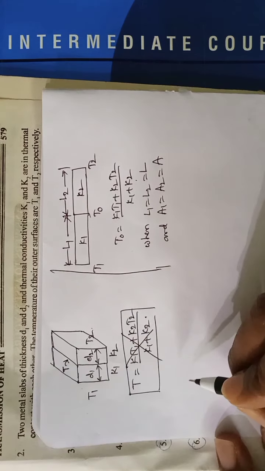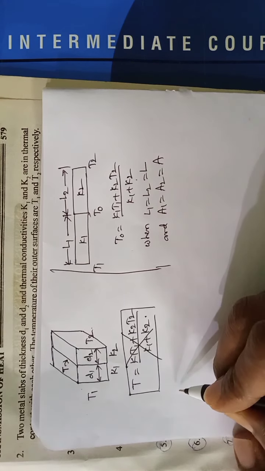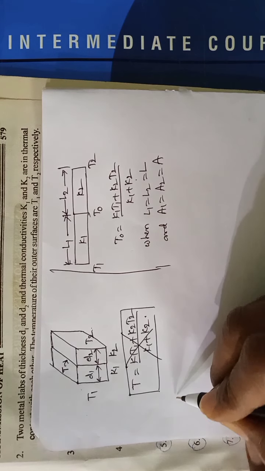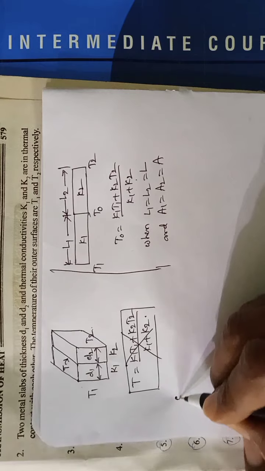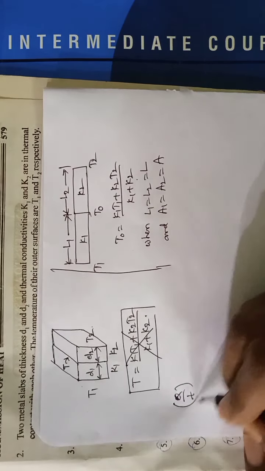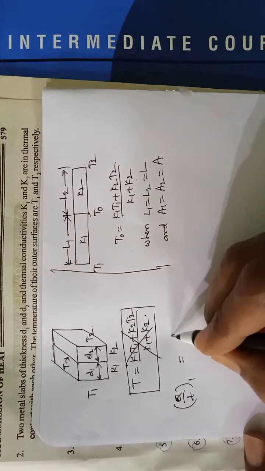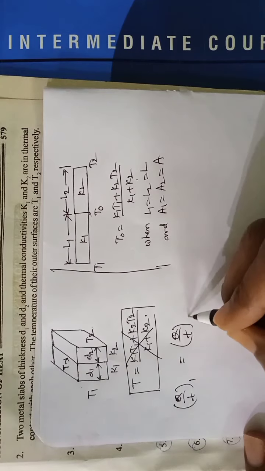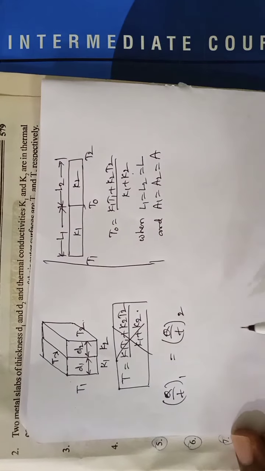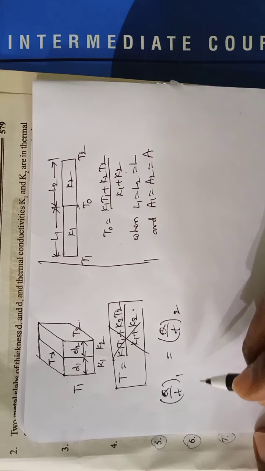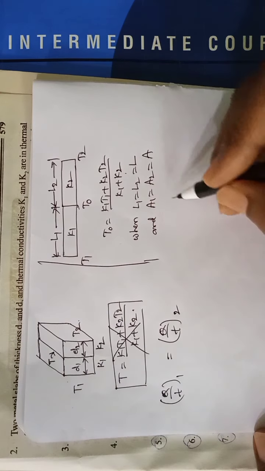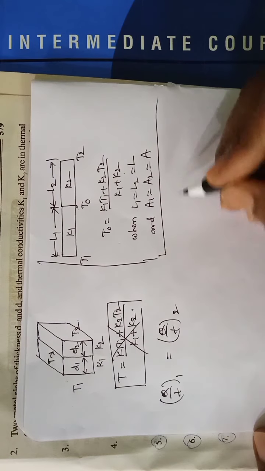How we derive the formula? Same. Rate of heat flow is same. Q by T 1 is equal to Q by T 2. Block 1, block 2. Q by T through block 1 means, see, actually this is over.